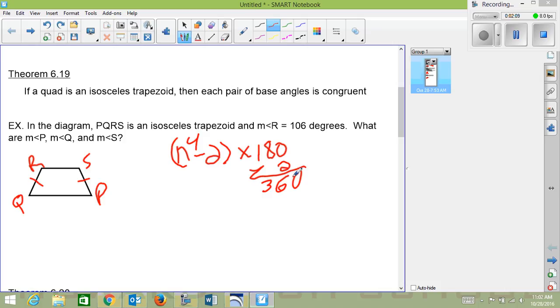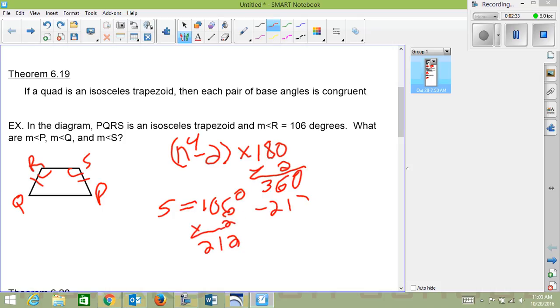If this is an isosceles trapezoid, you would also know that these two angles would be equal to each other. So angle S is automatically 106 degrees because angle R is. Then 106 times 2, because you have two of them, would be 212.